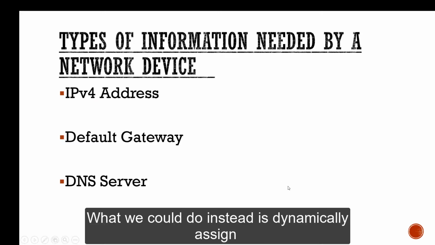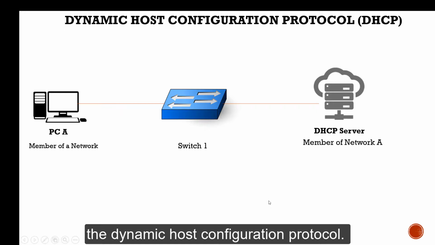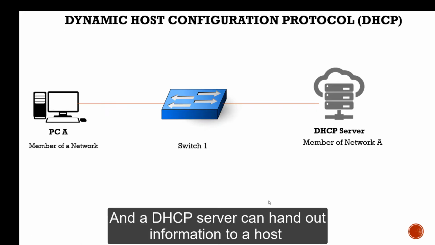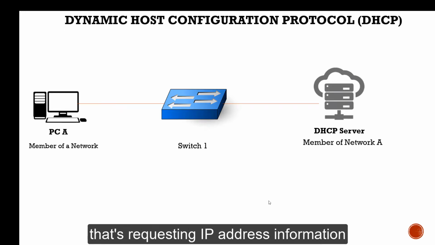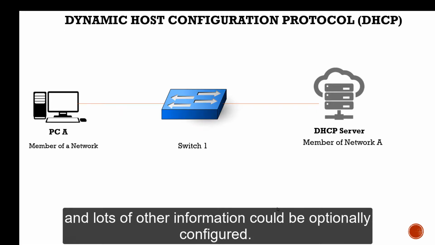What we could do instead is dynamically assign this information using a protocol called DHCP, the Dynamic Host Configuration Protocol. And a DHCP server can hand out information to a host that's requesting IP address information such as the address and default gateway and DNS server, and lots of other information could be optionally configured.